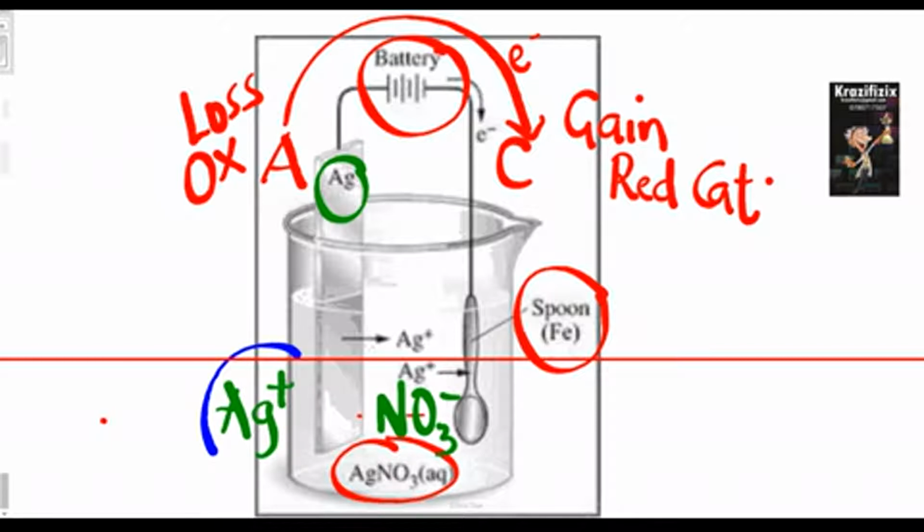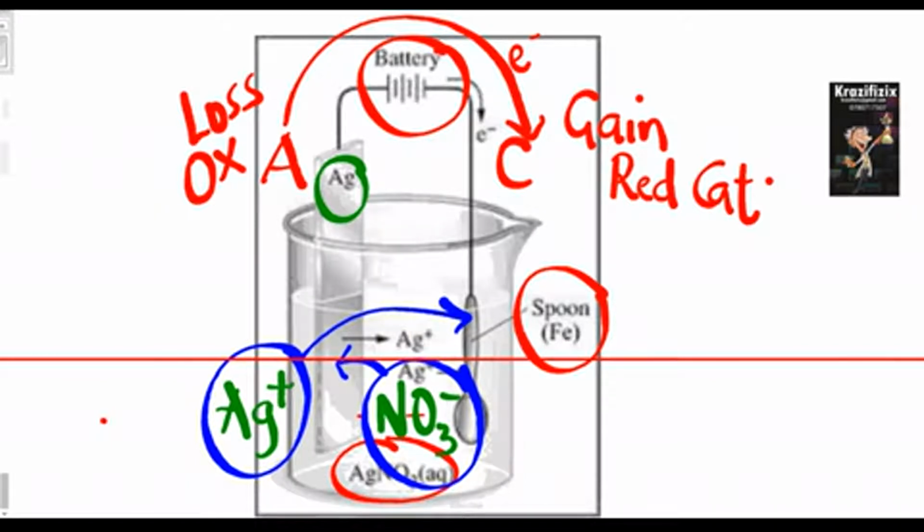The silver ions will move towards the spoon, while the NO3 ions, nitrate ions, would move towards the silver. So at the anode we have our nitrate, and at the cathode again we have our silver. Let's see what's going to happen at the anode and at the cathode.